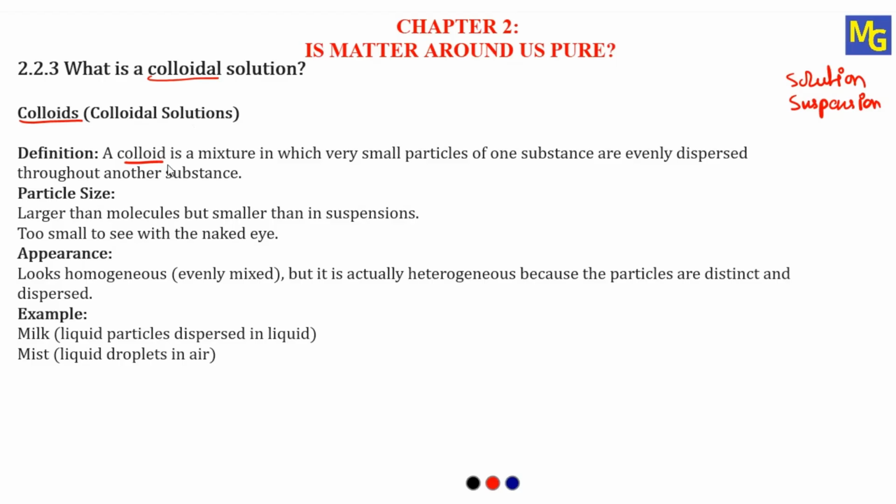A colloid is a mixture in which very small particles of one substance are evenly dispersed throughout another substance. So what is colloidal solution or what is colloid? It is a mixture in which very small particles of one substance are evenly dispersed throughout another substance.